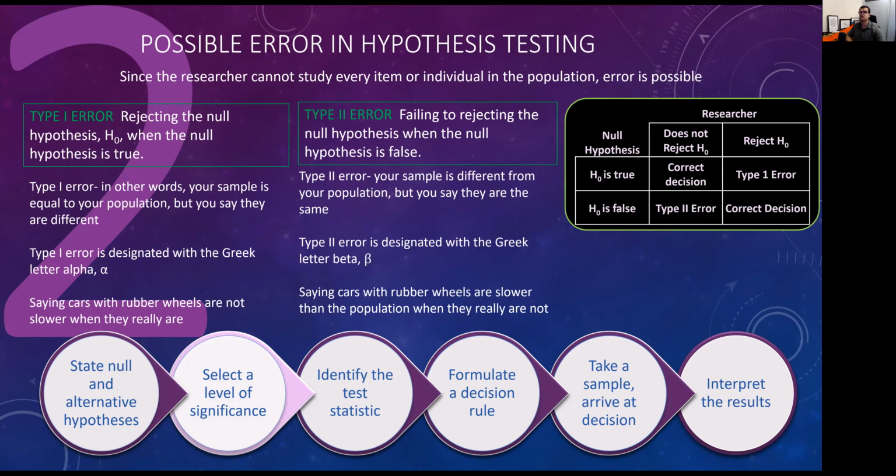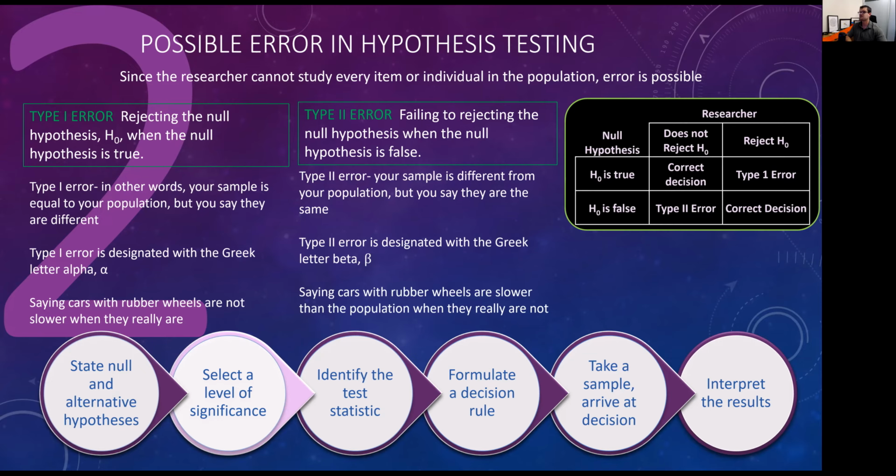Type 1 error is when you say your sample is equal to your population, but it really isn't. So in other words, you say, oh, the cars with rubber wheels are the same as the entire population, but they really aren't. Or the cars with rubber wheels are faster than the entire population, but they really aren't. That's type 1 error. Type 2 error is failing to reject the null hypothesis when the null hypothesis is false.